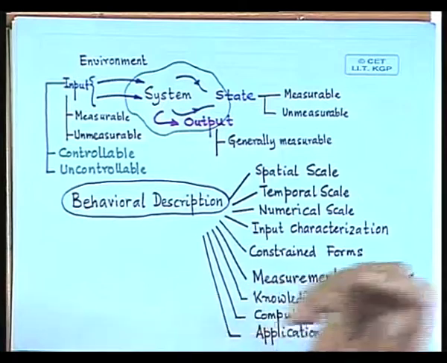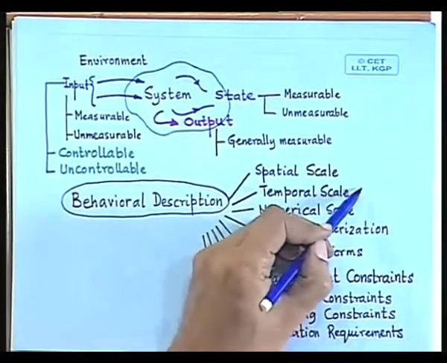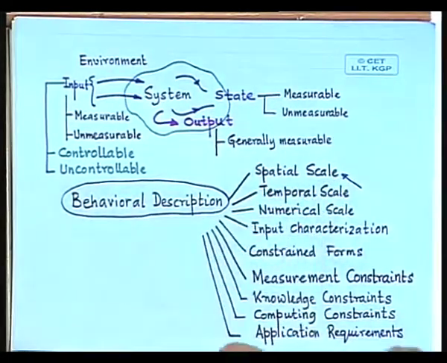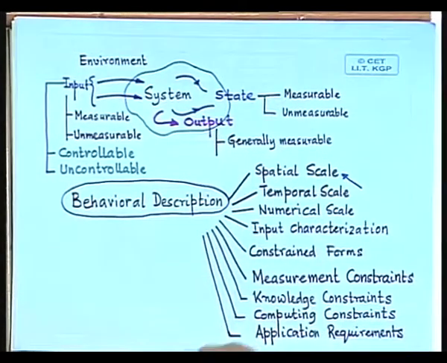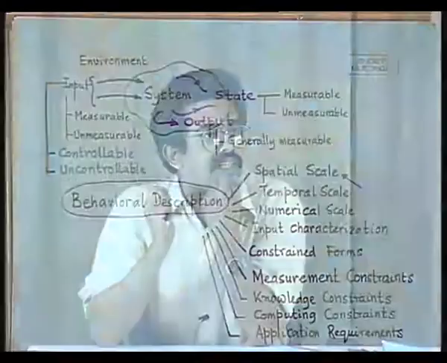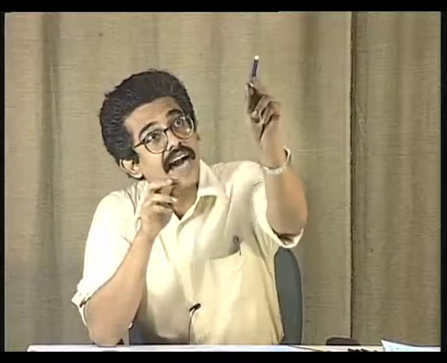It depends on many things. For example, it depends on the spatial scale of an object. Suppose you are trying to model the temperature in this room. Are you interested to really capture the difference or variation in temperature in that corner from this corner? If you are interested, then you have to build one kind of model.